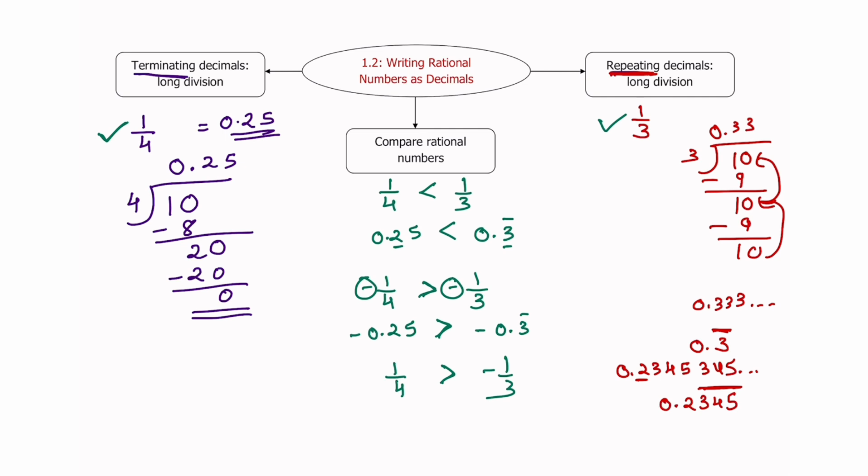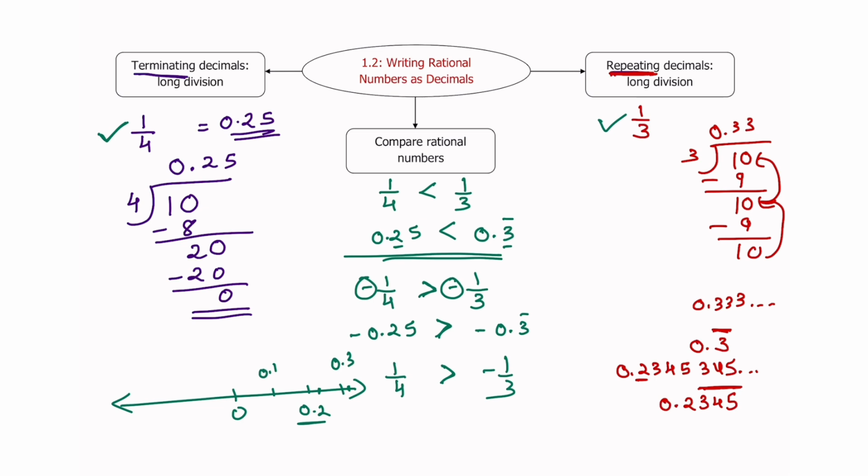So this is how you compare them. And if you want, you can also see it on a number line. Let me just draw a number line here, a random one. That's 0, 0.1, 0.2, 0.3. Now 0.25 has to be somewhere here and 0.3 will be somewhere here. So you can see this number is smaller.